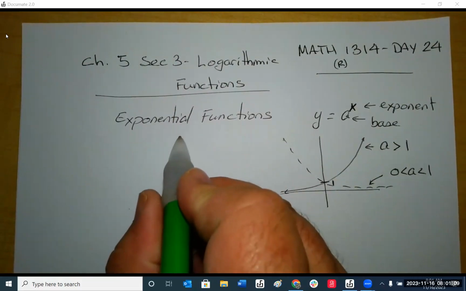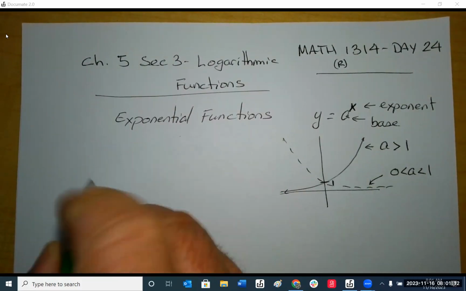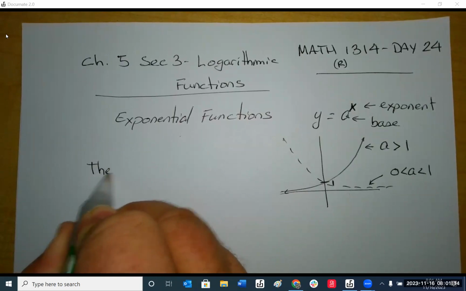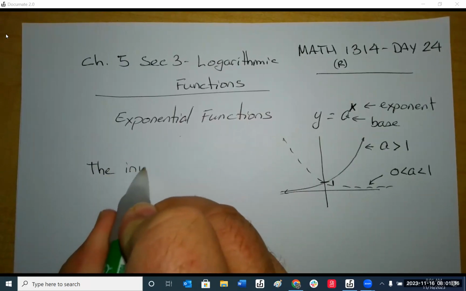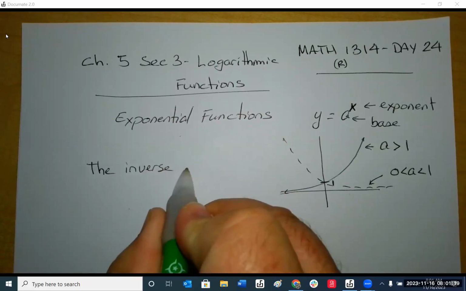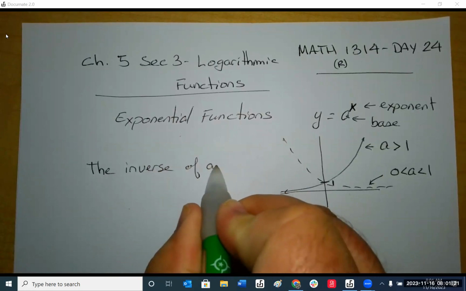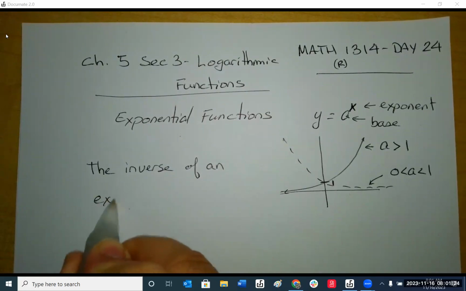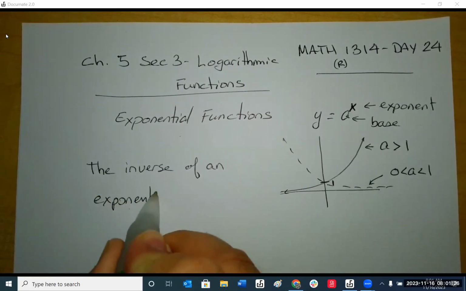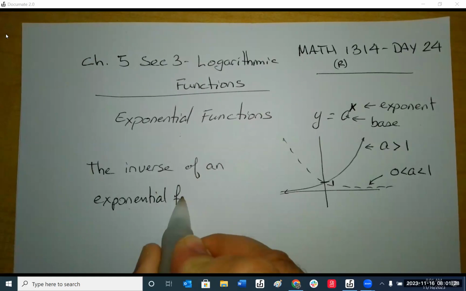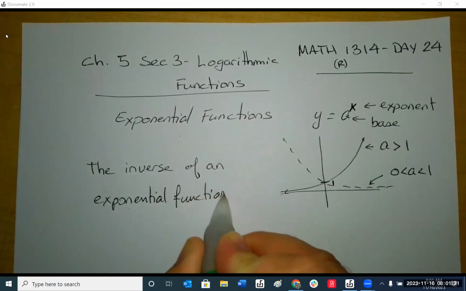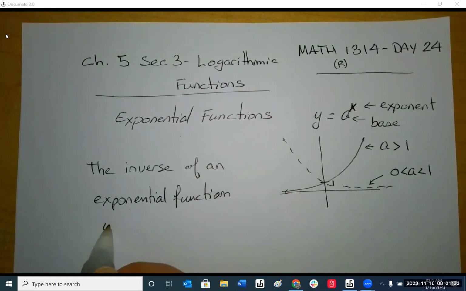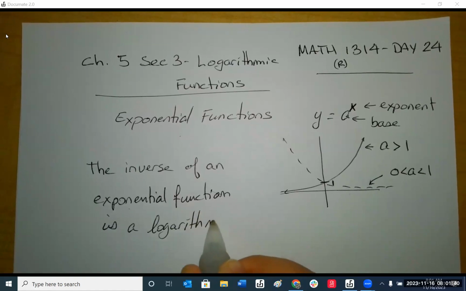Now, the inverse of exponentials is a logarithmic function.